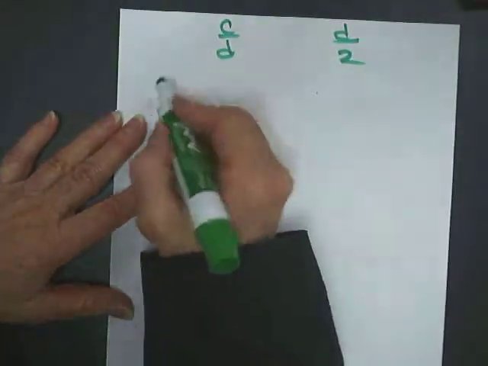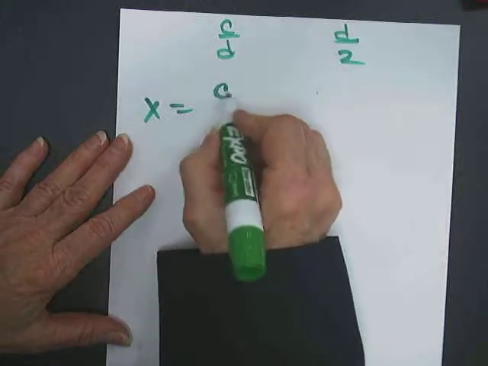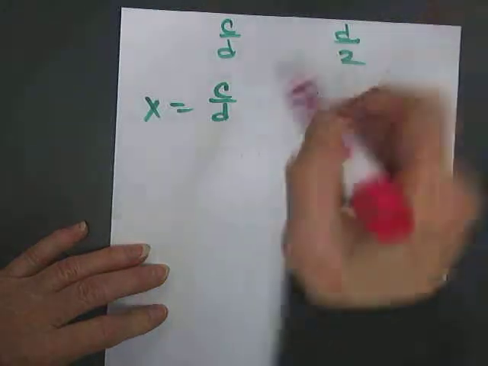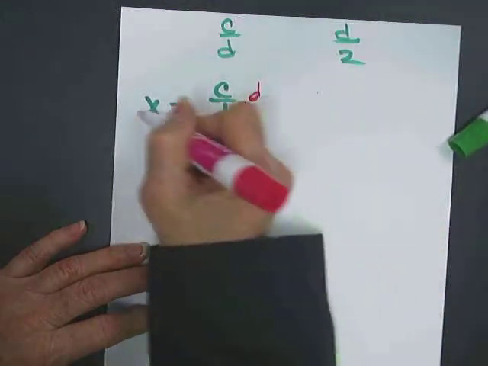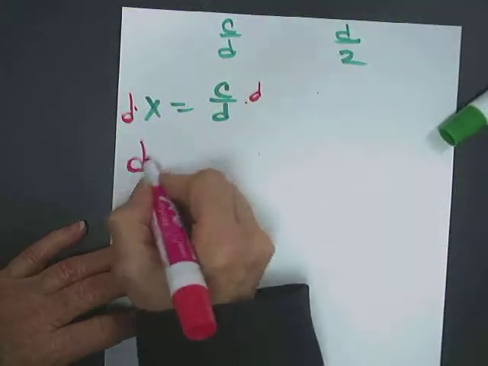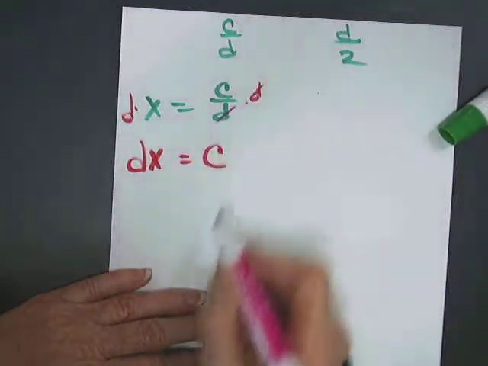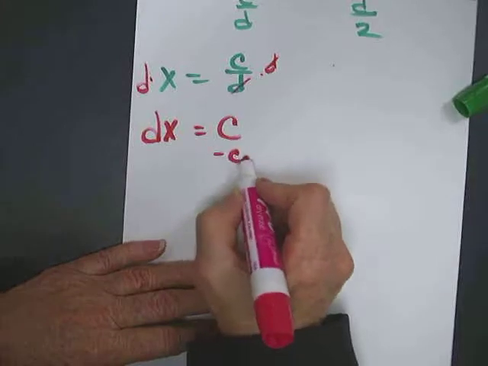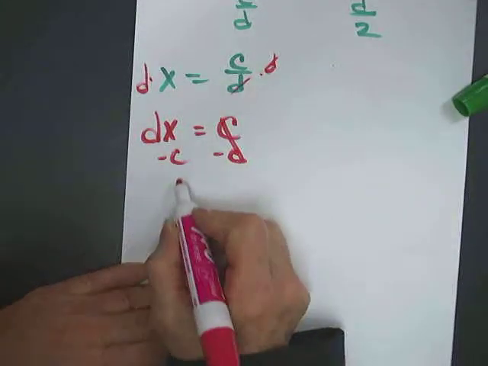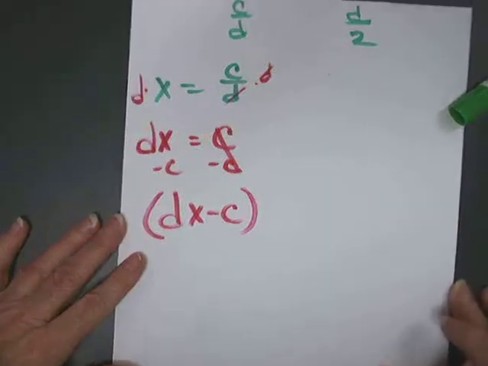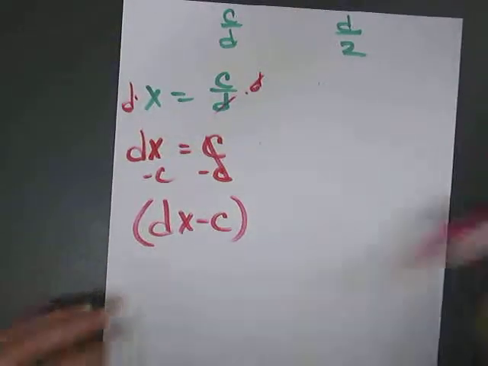Here's one weird, C over D and D over 2. Let's do that one. The answer is C over D and D over 2. Okay, solving for 0, right?